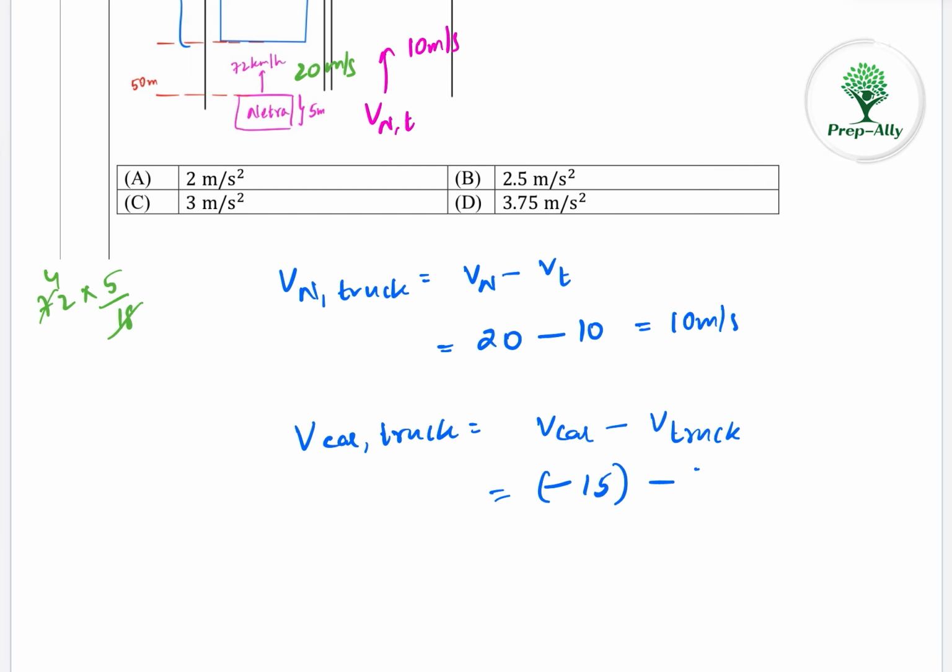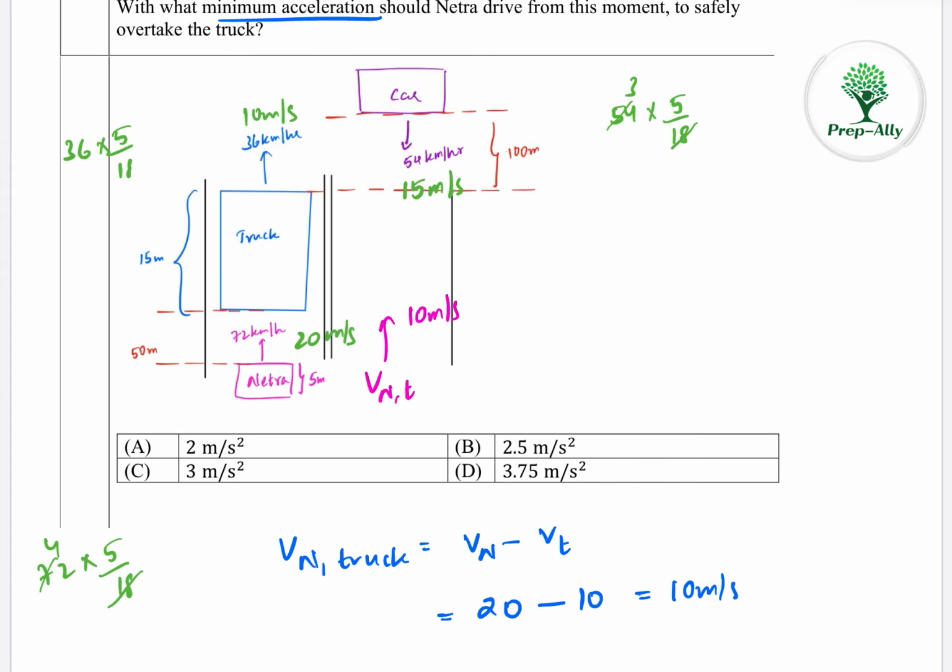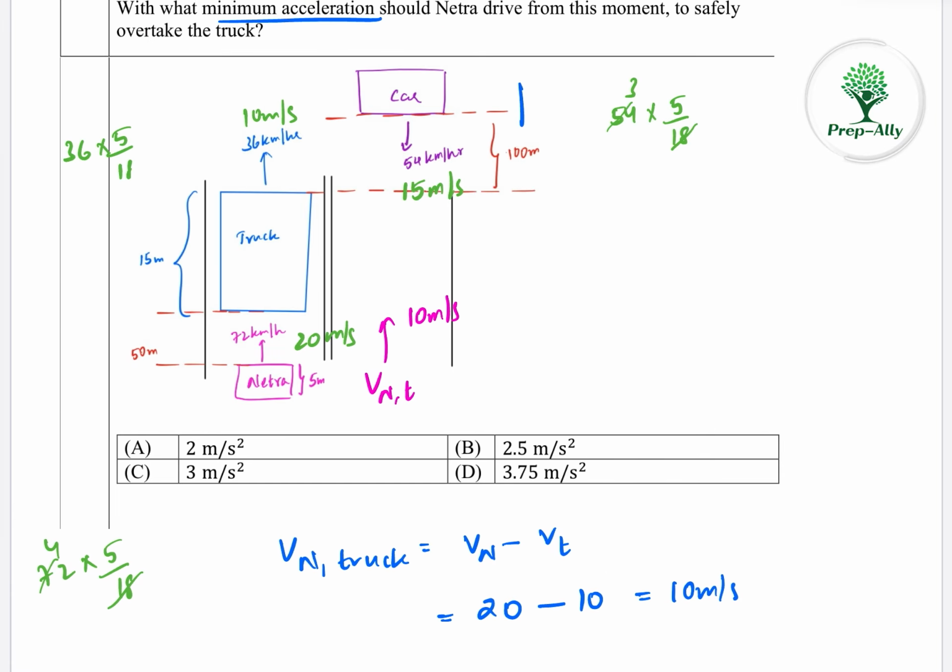Minus velocity of truck is 20. No, it's 10. That is minus 25 meter per second. The minus shows that as seen by the truck, car has a velocity towards the truck as it is in this direction. So that value is what we figured out. Velocity of car with respect to truck is 25 meter per second.